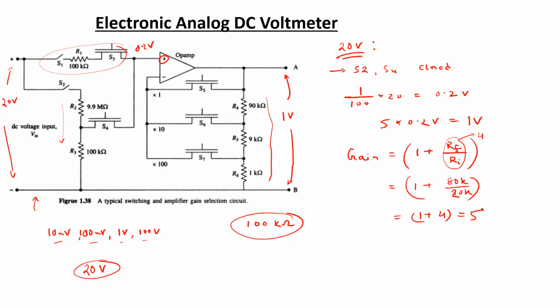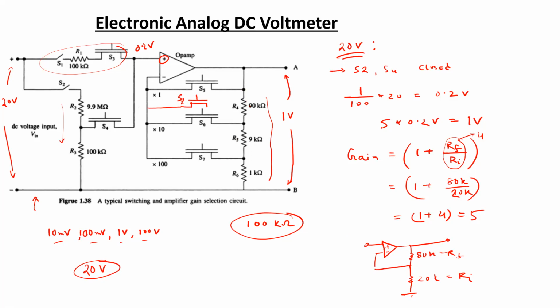So if we can design the non-inverting amplifier such that I have 80k as my Rf and 20k as my Ri, then it would be sufficient to obtain a gain of 5 for this non-inverting amplifier. So what we can do is create a branch over here. We can add another MOSFET, let's say I am denoting it as S8.